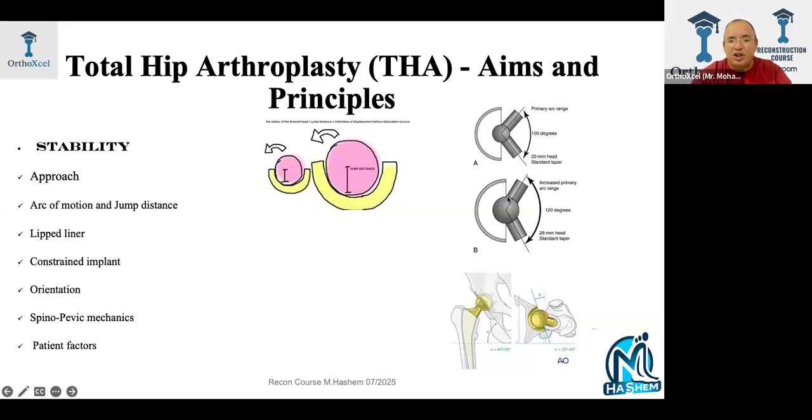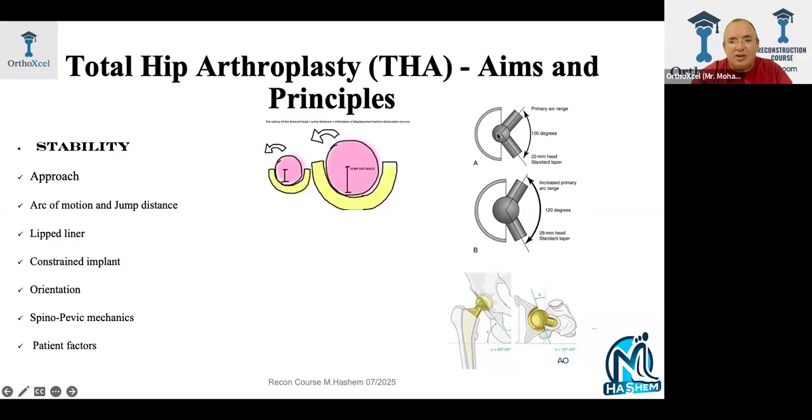While if I use a large head, the maximum for me to get this head out in abduction compared to the maximum in adduction is a wide and large arc of motion. So the bigger your head, the larger the arc of motion, the longer the jump distance before this head jumps out of the socket.